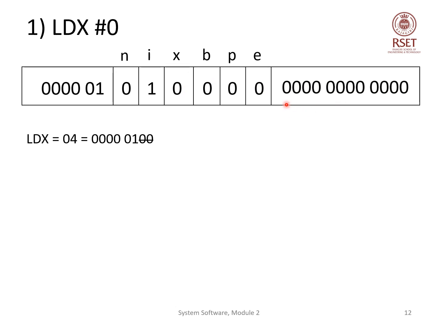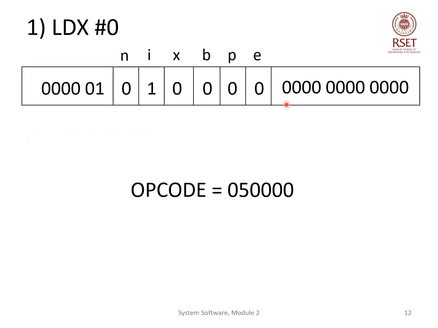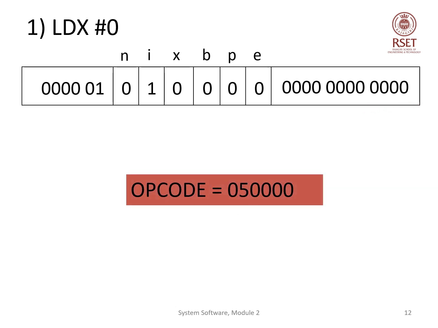Immediate operand is 000, complete zeros. So in effect, how do you write the opcode for LDX #0? Group in bits of 4 from the left or right and write its corresponding hexadecimal. So here it is 0, 5, 0, 0, 0, 0. So that makes the opcode 050000.